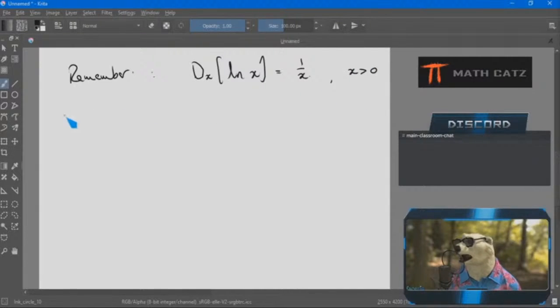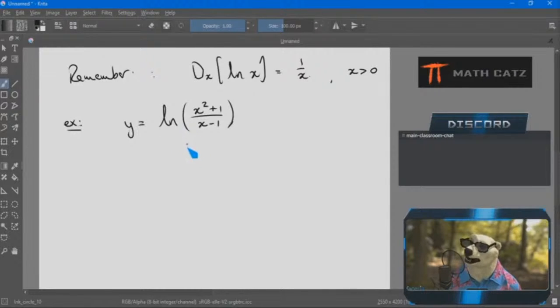So now, if we take an example, for example the function y equals natural log of (x squared plus 1) over (x minus 1). Let's say something like that. Now it's a little made up, I agree, but it can happen.